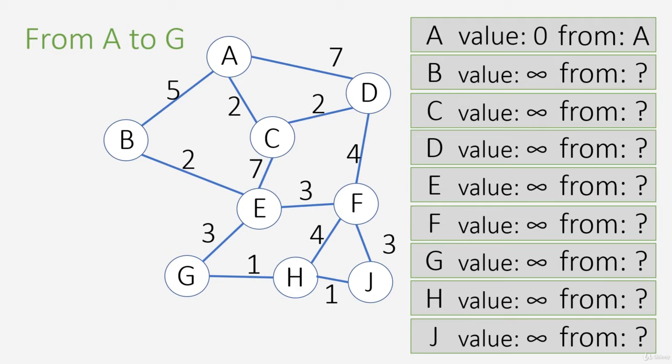We are starting in A, and we also have a priority queue of nodes where we keep track of how much time it takes to get to a particular node. And at the beginning, all nodes have infinity because we haven't got to any of those nodes yet.